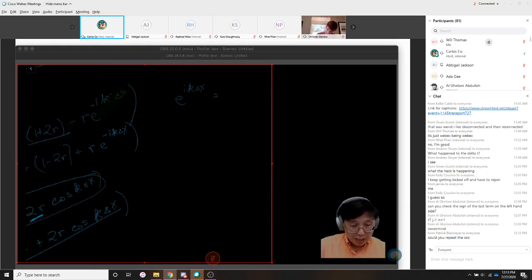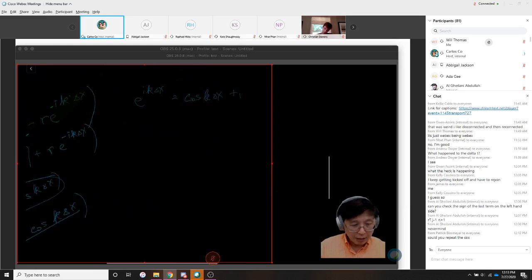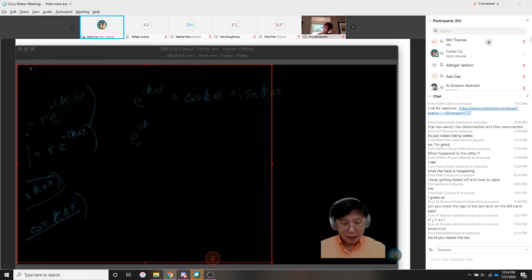So that's Euler's formula. That's going to be e to the i k delta x equals cosine k delta x plus i sine k delta x. And the other one is if you have e to the minus i k delta x. Looking at Euler's formula again, that's cosine k delta x plus i sine of negative k delta x.